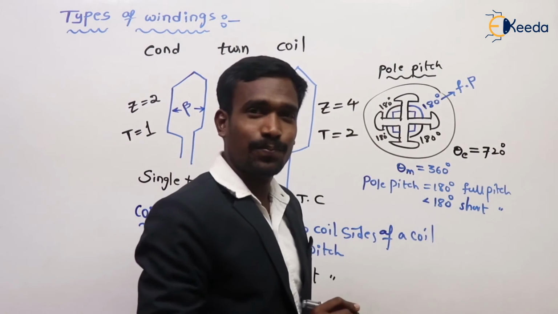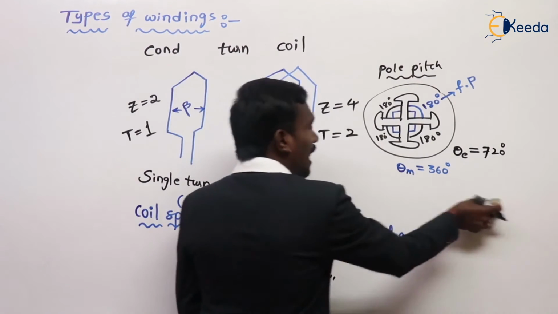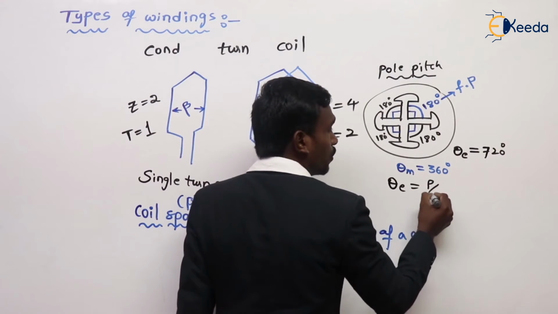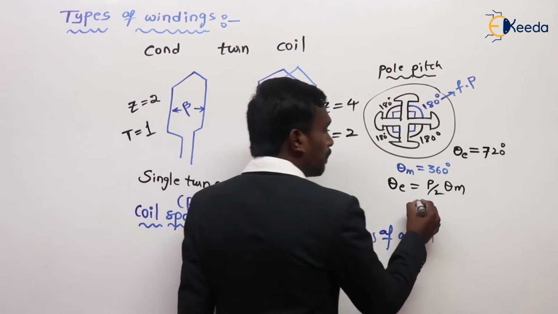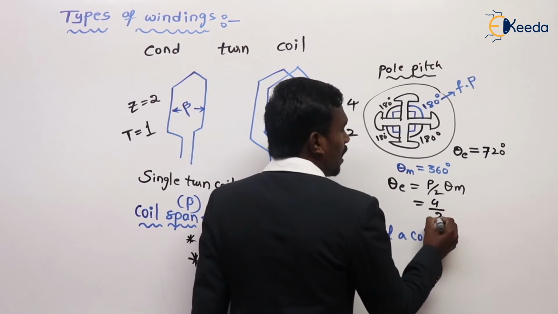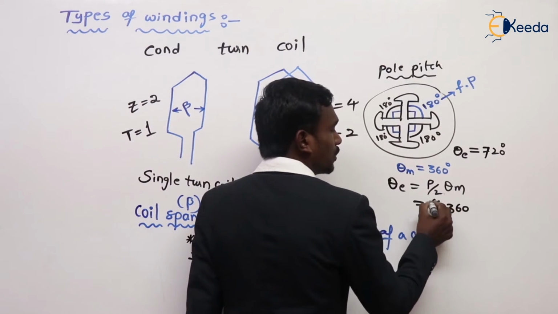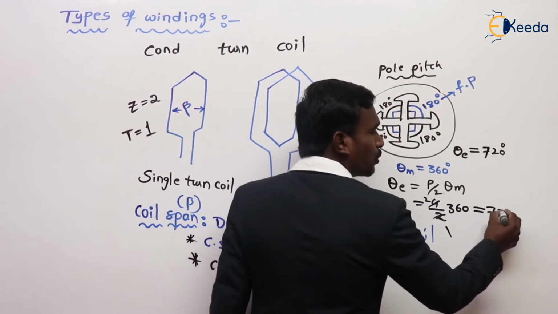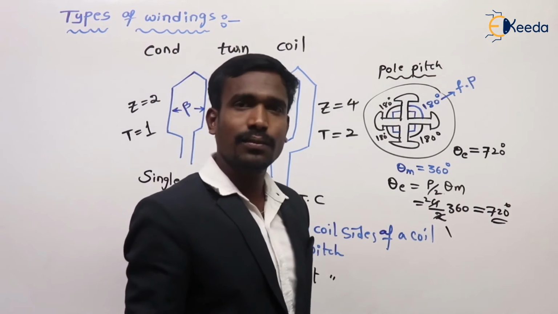Remember this. Sir, how can we get this one? We have a formula: theta electrical is equal to P by 2 times theta mechanical, where P is 4 and theta mechanical is 360. 2 ones are 2, 2 twos are 4, 2 threes are 6, 2 sixes are 12. So 720 degrees is the electrical angle.